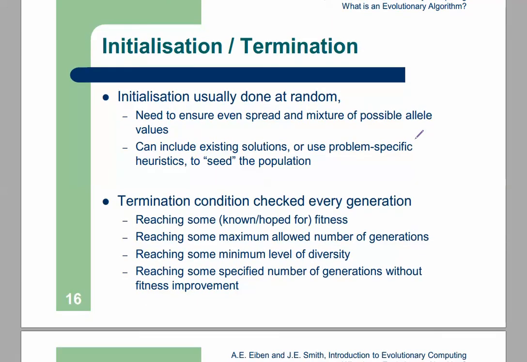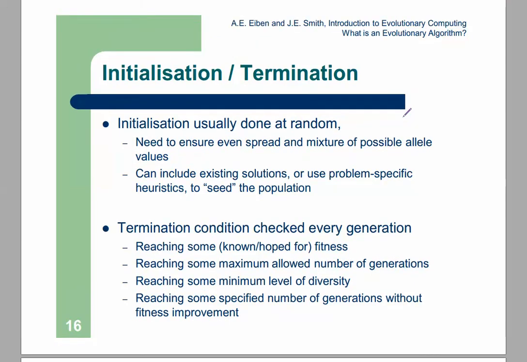And the last part is initialization and termination. Initialization is a method to initialize or to produce the first population. Sometimes it is done randomly or by selecting a seed.